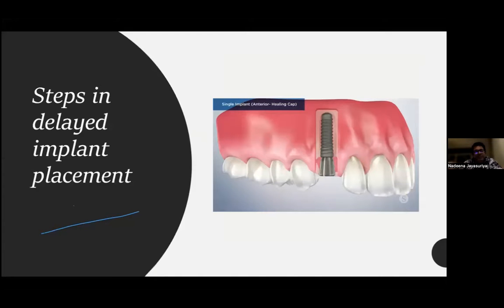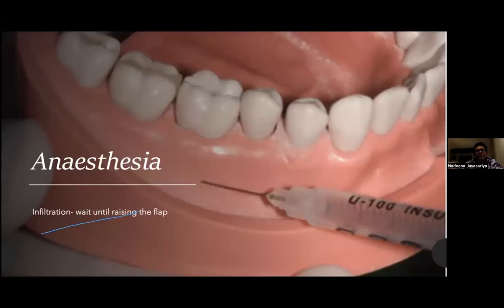So the best practice is the delayed placement of implants. So I'll just drive you through some tips here. You have to give anesthesia. If you're going to raise a flap, make sure anesthesia stays for a longer time for the anesthesia to diffuse inside.